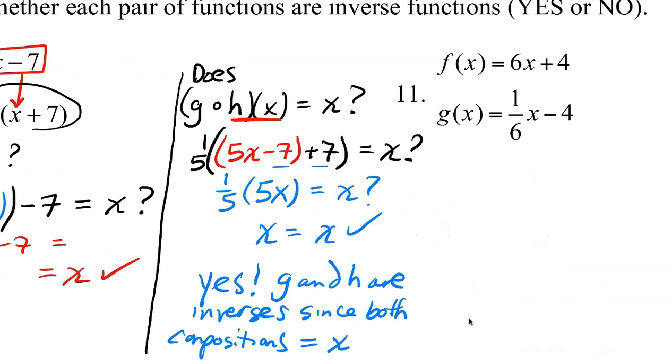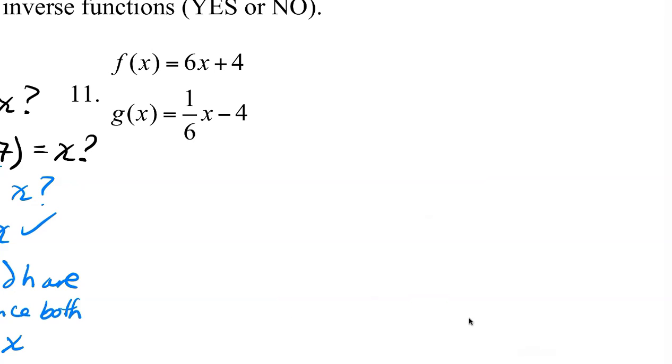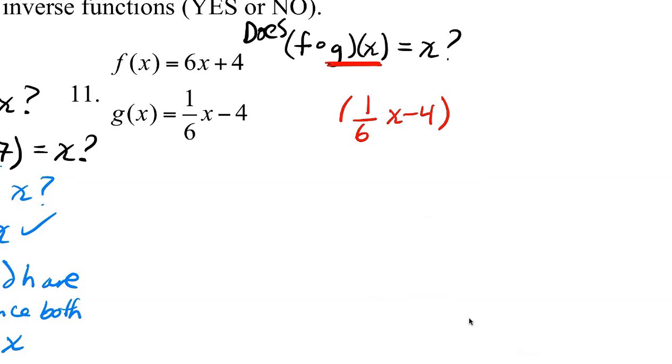So let's do the same thing on number 11. It doesn't particularly matter, we'll just start with f of g of x. Does that equal x? Again, we're going to start with the function closest to x, so g is closest to that parenthesis x part right there. We're going to take that g function and plug it in here.